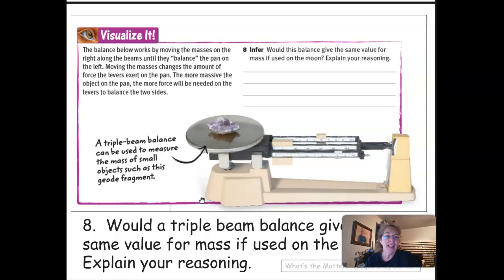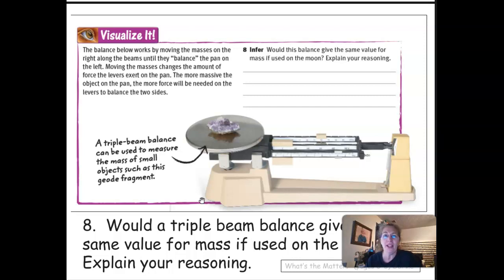If the mass of the amethyst on the triple beam balance was 125 grams and you moved it to the moon, it would still be 125 grams. Now, if we put it on a scale, which measures the weight or the force of gravity, it would be less. But if we're just measuring mass, it's going to be the same.